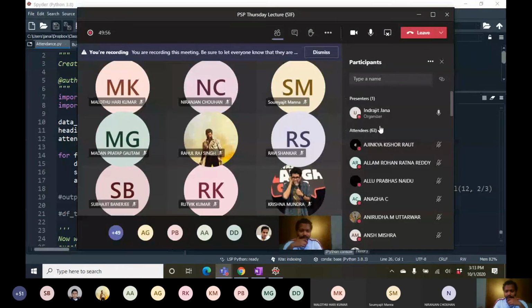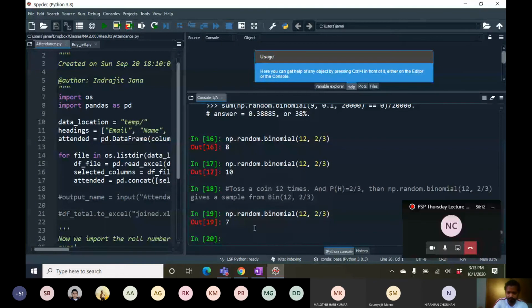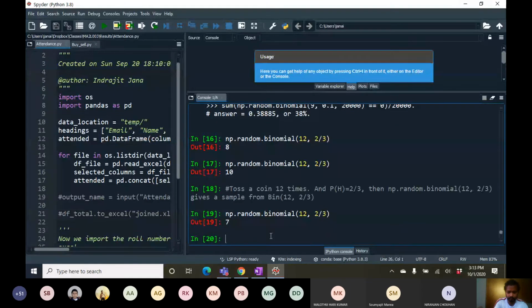Now, there are say 63 students currently in this session. Suppose I ask every one of you to do this thing. Every one of you, I ask you to toss a coin 12 times and report to me the number of heads you are getting. So I'm going to simulate that.